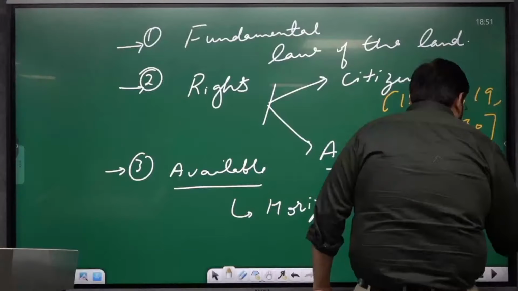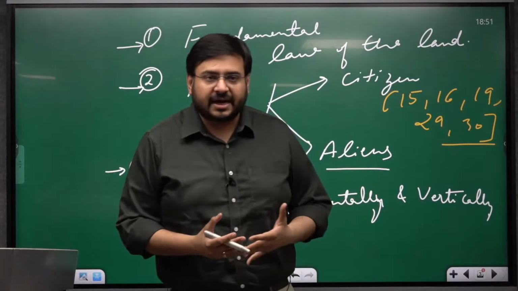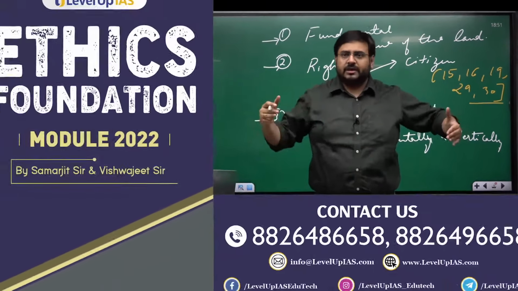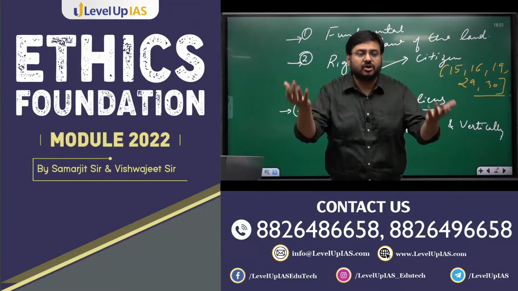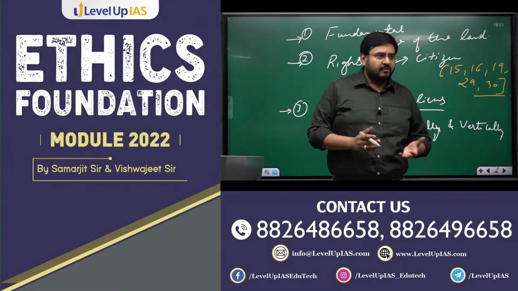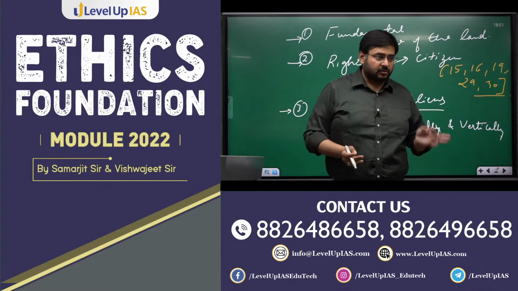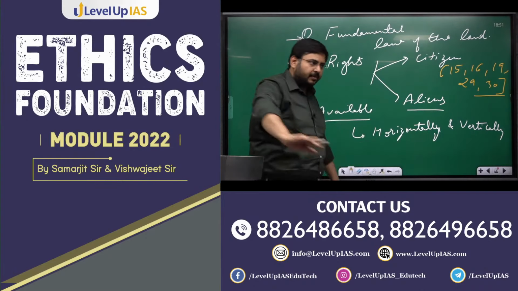Vertically means you have these rights against the state. Horizontally means you have these rights against your fellow citizens also, fellow human beings, fellow members of this country. Horizontally, we all are on the same platform.